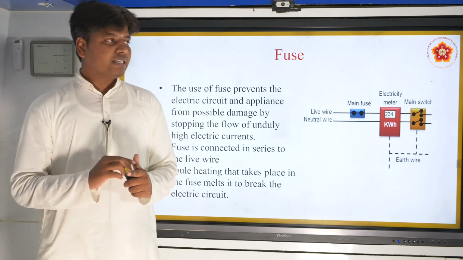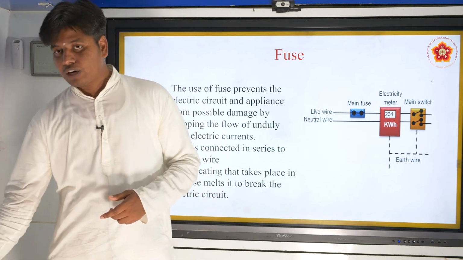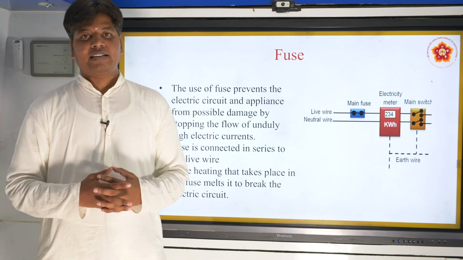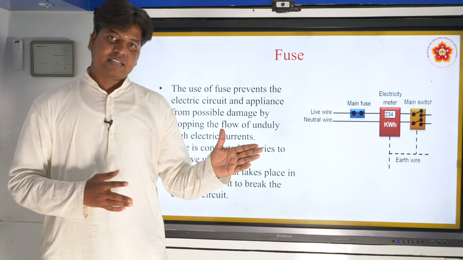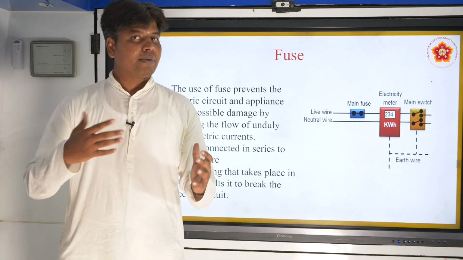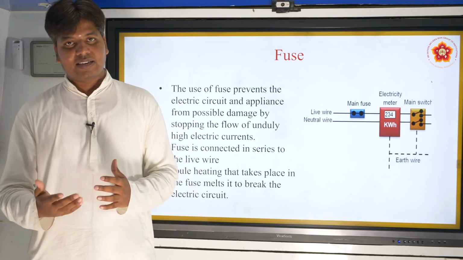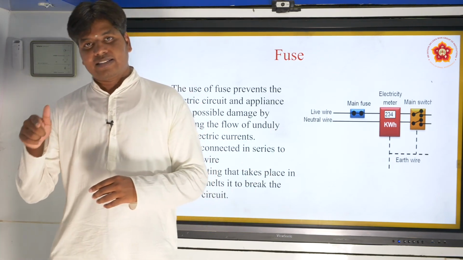Alright, with this we have completed this chapter, magnetic effects of electric current. We started with how a current carrying conductor behaves as a magnet, and its applications which we saw in the electric motor and electric generator.